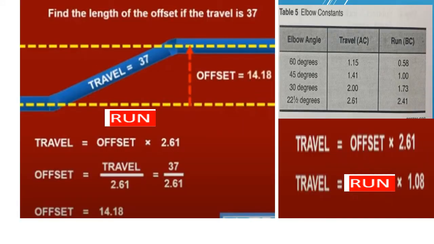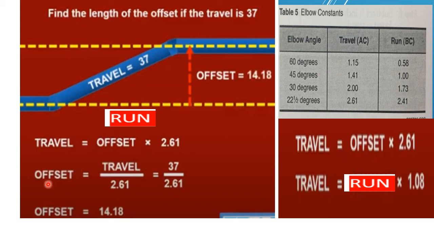Let's see how to solve this question. In this question, travel is given as 37. Offset we have to calculate. Now the formula, we will take from here: travel equal to offset into 2.61. So travel is given, 37.